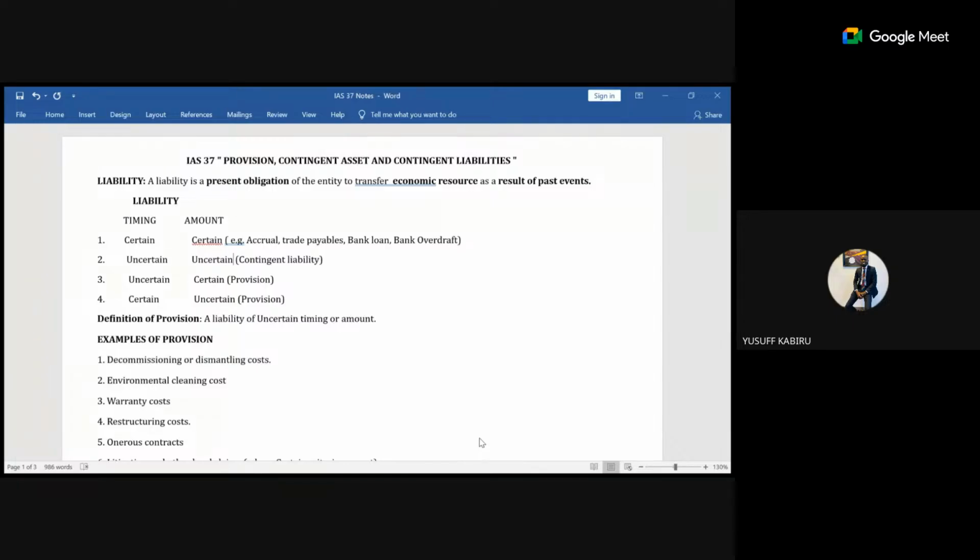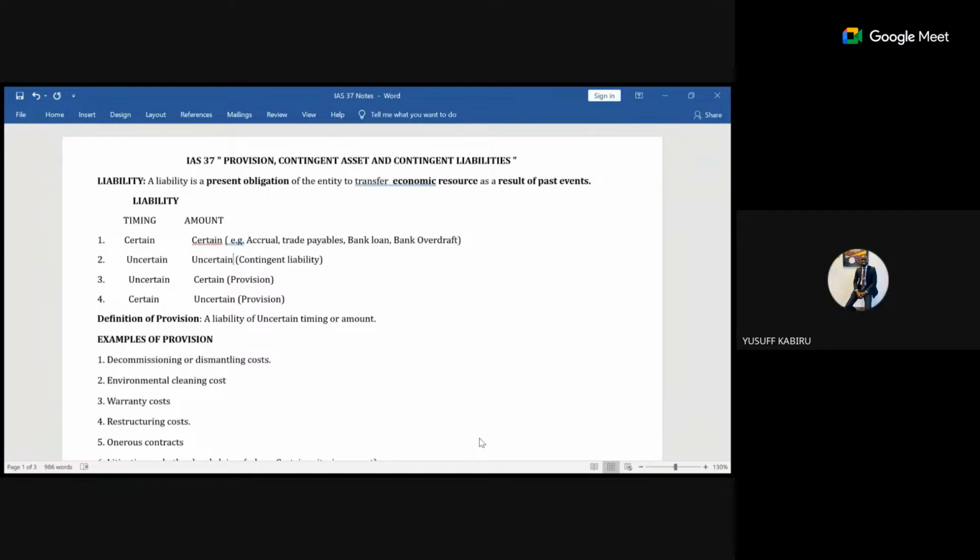The case is in the court already. However, as at the accounting period, you don't know what the case is going to give you. Maybe you are going to win the case, and the amount you are going to pay. So that's one example of a contingent liability, but let's put it to one side.